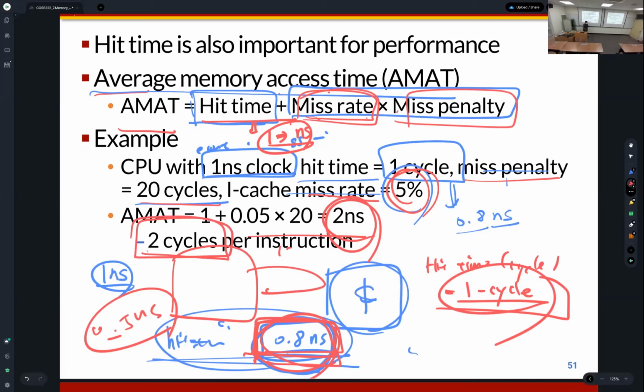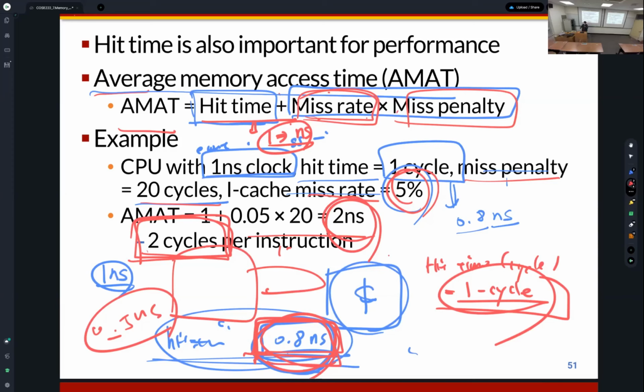So what does that mean? On average, when instructions access cache, a single instruction consumes 2 cycles for accessing this cache. Okay, this is the definition of average memory access time.